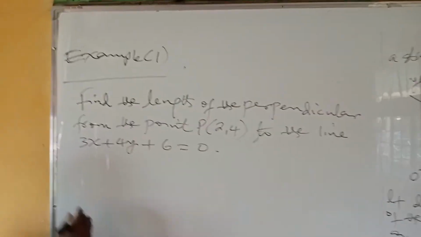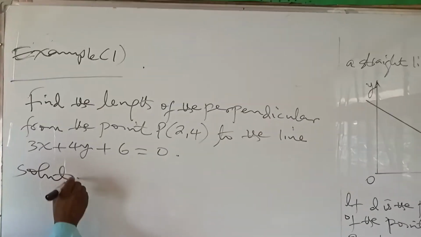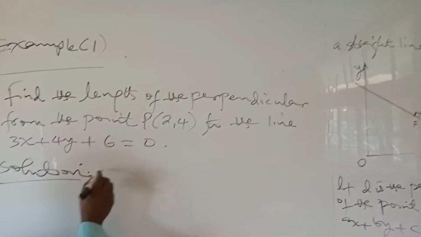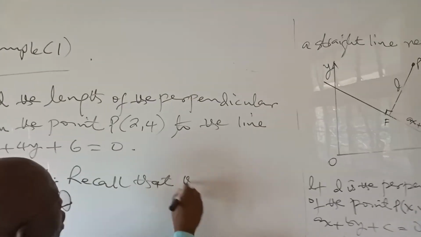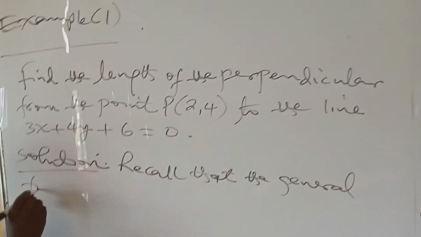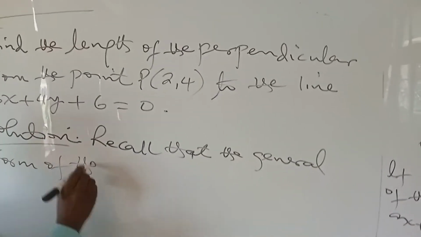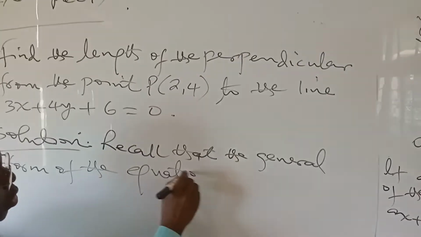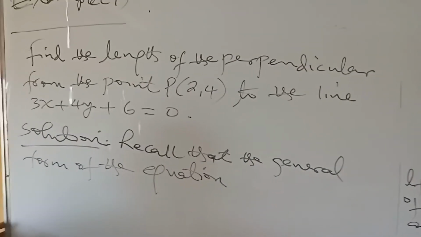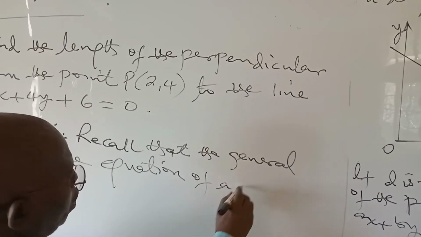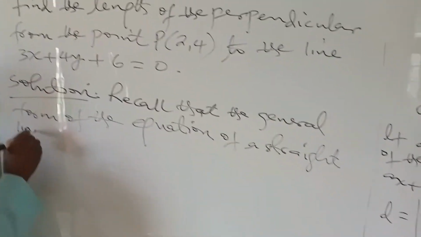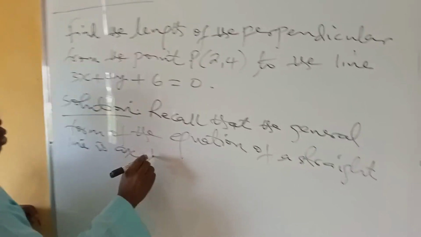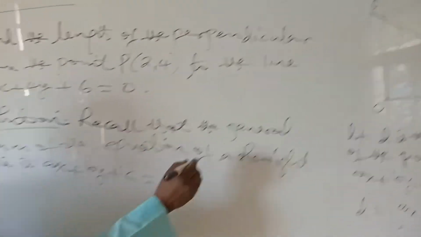Now, solution. Recall that the general form of the equation of a straight line is ax plus by plus c is equals to 0.